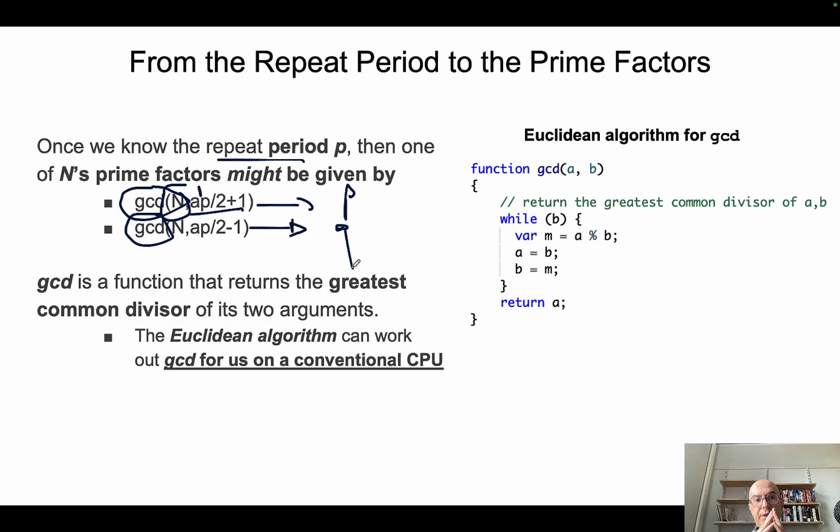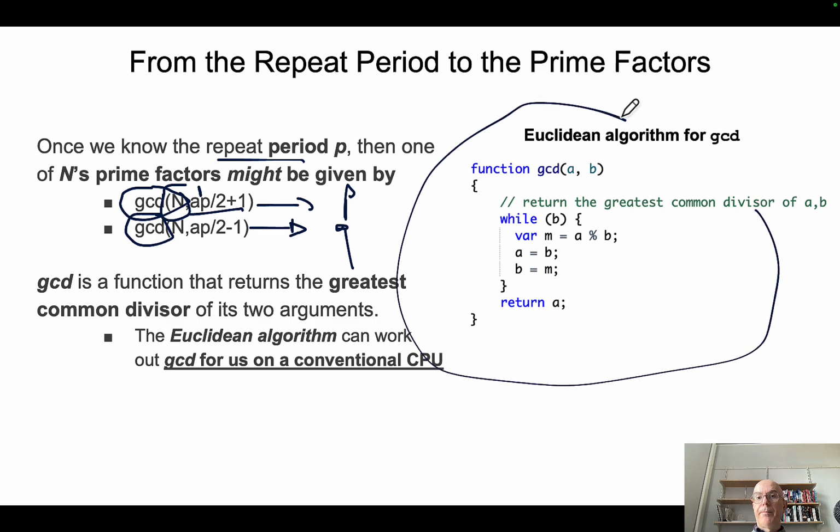As I said, the GCD is a function that returns the greatest common divisor. We can use the so-called Euclidean algorithm that is going to work on the CPU. And here on the right, we have code for calculating the Euclidean algorithm for the GCD.